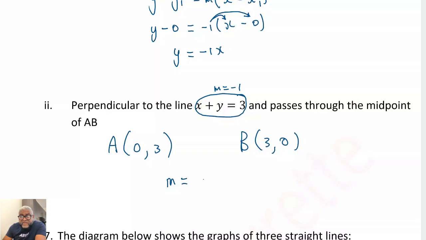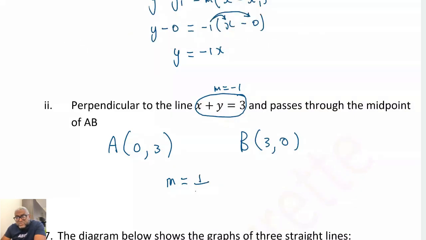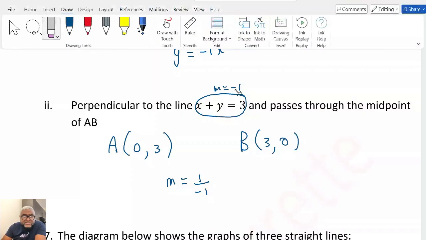So, if I want to find the gradient of the perpendicular line, you flip that, and it comes as 1 over -1. Because, look at this.